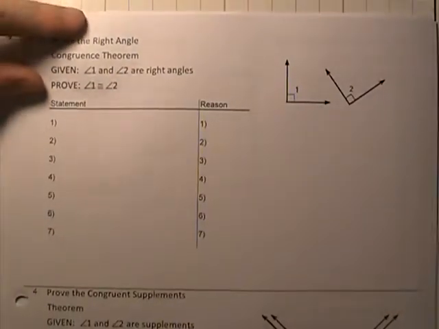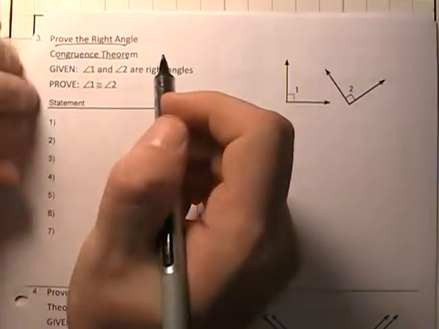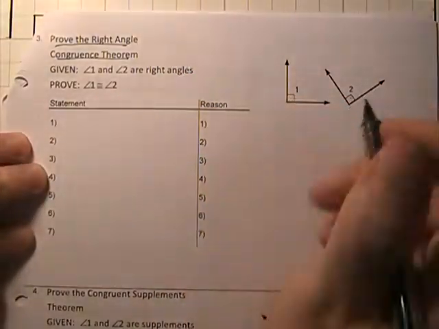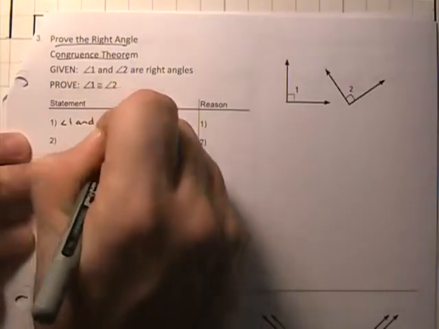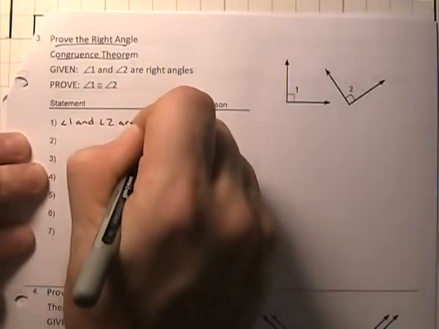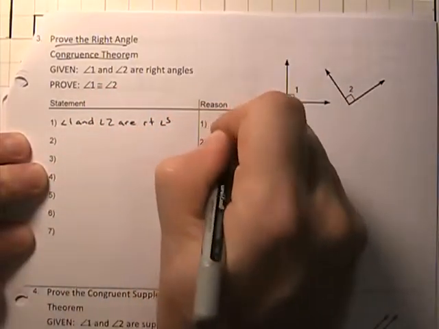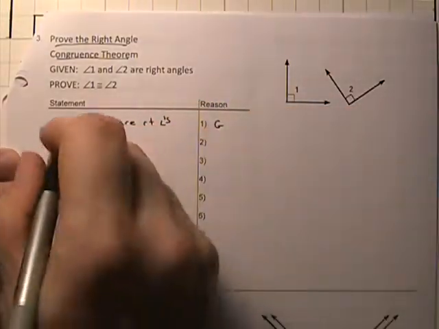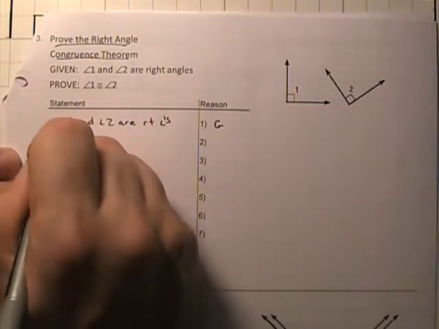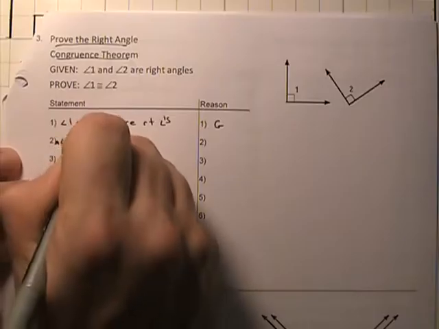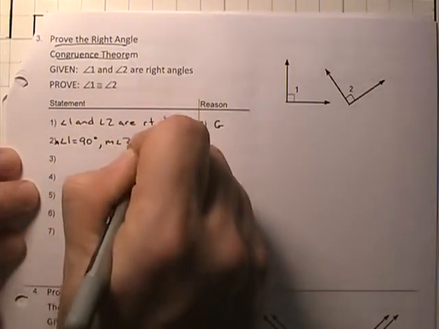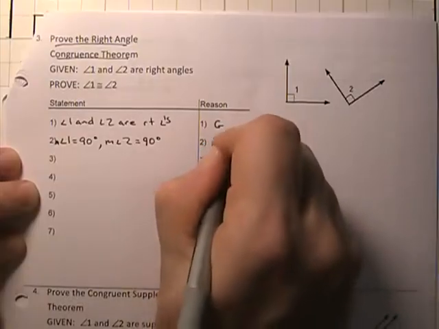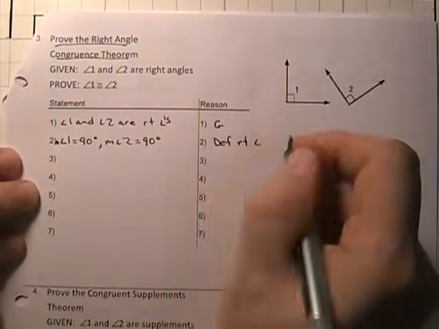Prove the right angle congruence theorem, so I can't use the theorem. And looks like we're given a couple of right angles. So angle 1 and angle 2 are right angles. They tell us that. Well, I know that measure of angle 1 equals 90 degrees. And the measure of angle 2 equals 90 degrees, because that's the definition of right angles.